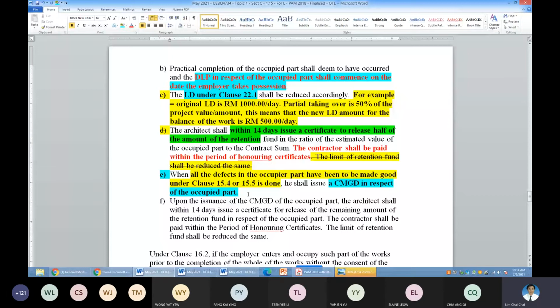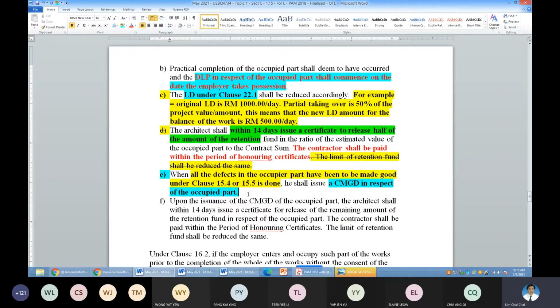You are perfectly correct. How to administer it? Just assume that the taking over, whether it is within the contract duration or, in some cases, after the contract duration, is a contract by itself.